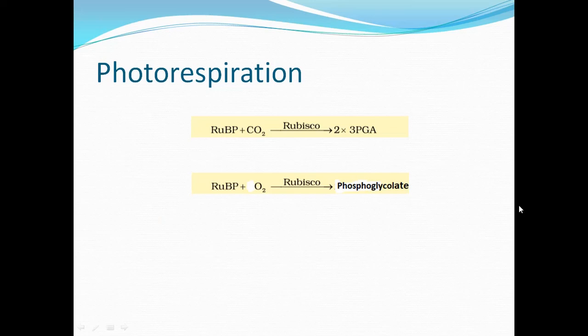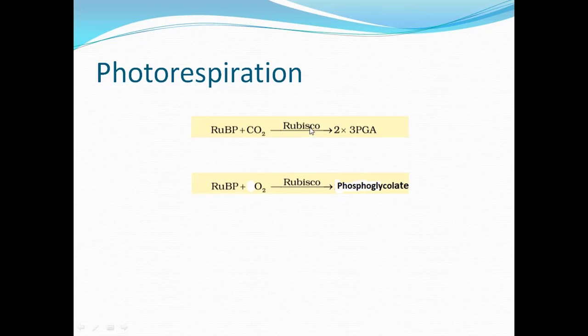Now, one more interesting event occurring in C3 plants, which is absent or very rare in C4 plants, is photorespiration. To understand photorespiration, we have to understand the nature of the enzyme Rubisco. You know very well that Rubisco is very important. Rubisco means ribulose bisphosphate carboxylase oxygenase.